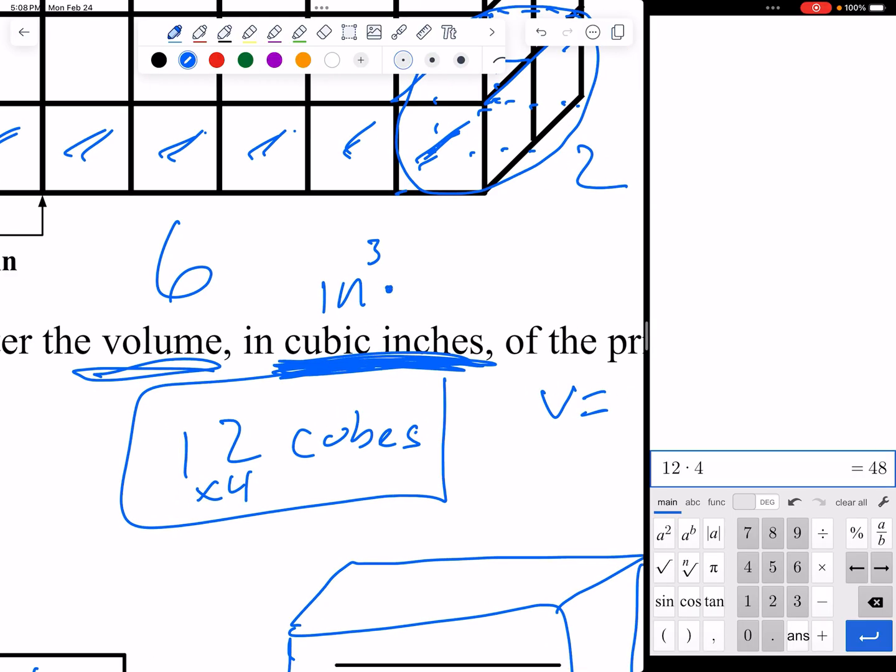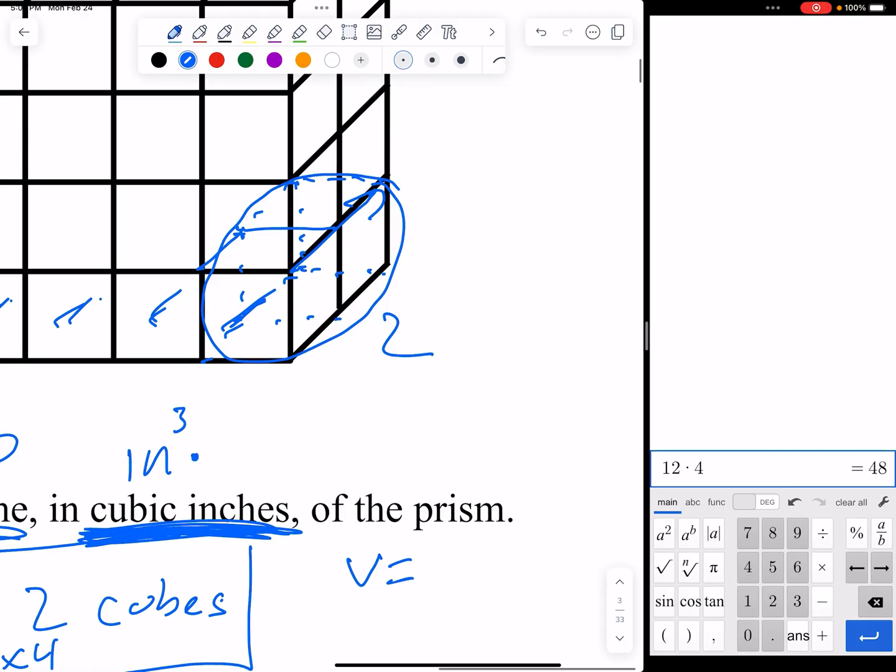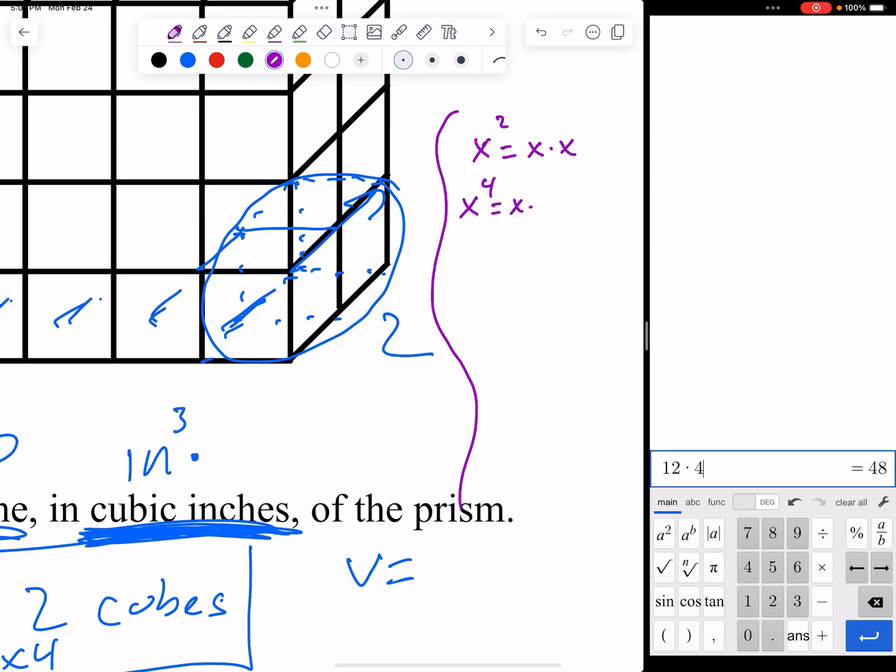Remember inches cubed. If I have x squared, that means x times x, not x times 2. If I have x to the fourth, it's x times x times x times x. If I have 2 to the third, it's not 2 times 3, it's 2 times 2 times 2.